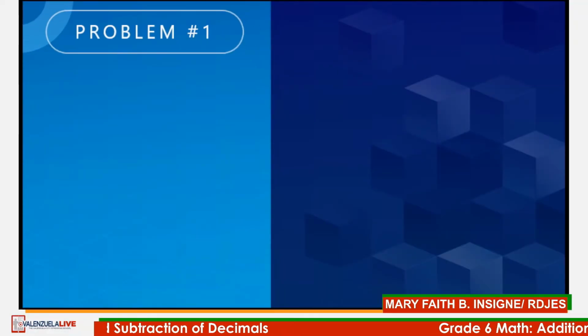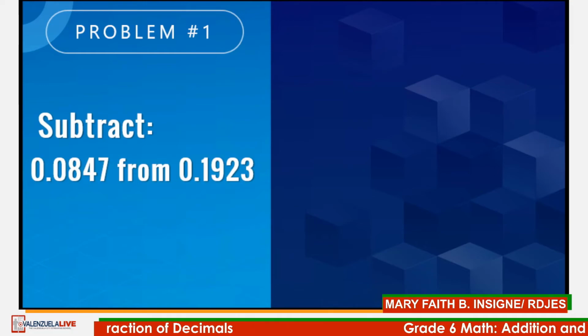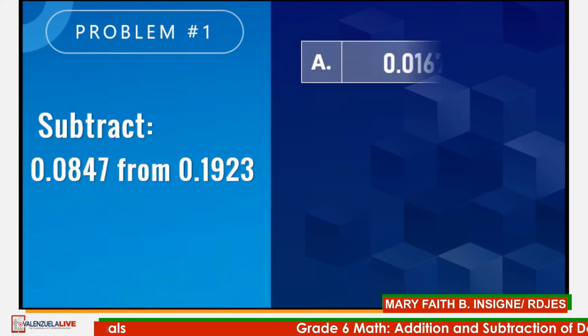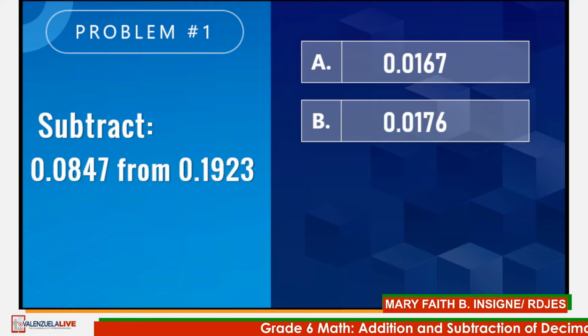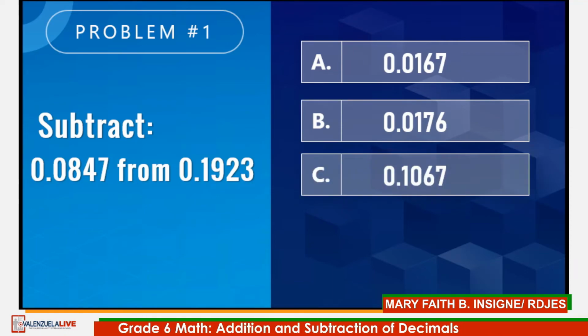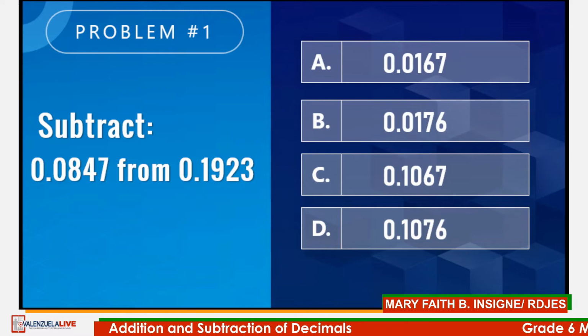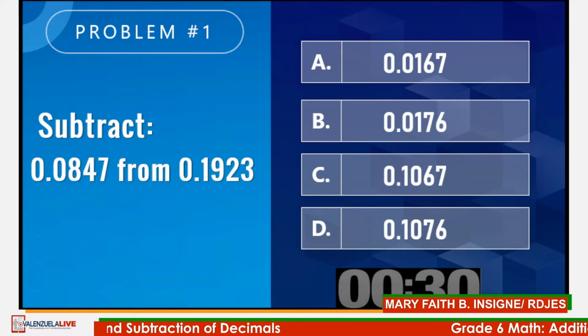The first problem is subtract 847 10,000s from 1,923 10,000s. The choices are letter A, 167 10,000s, letter B, 176 10,000s, letter C, 1,067 10,000s, letter D, 1,076 10,000s. Your 30 seconds timer starts now.